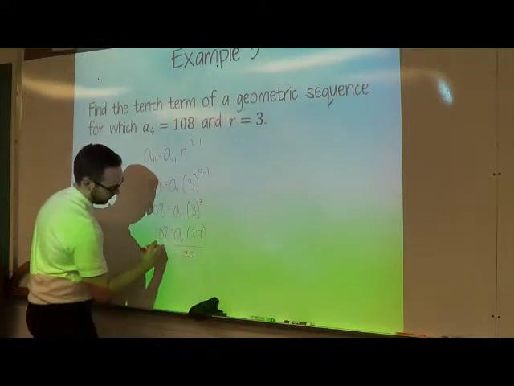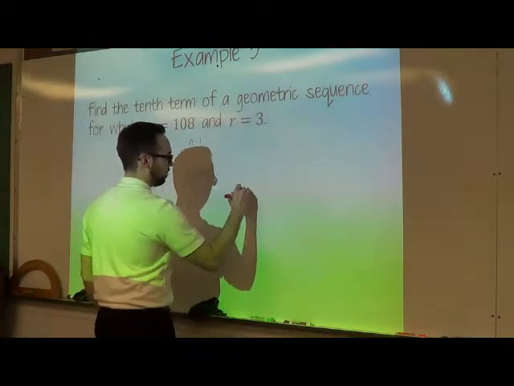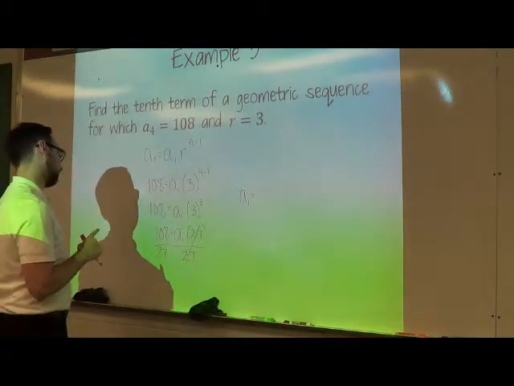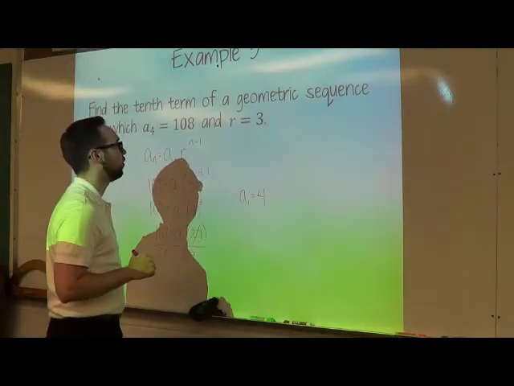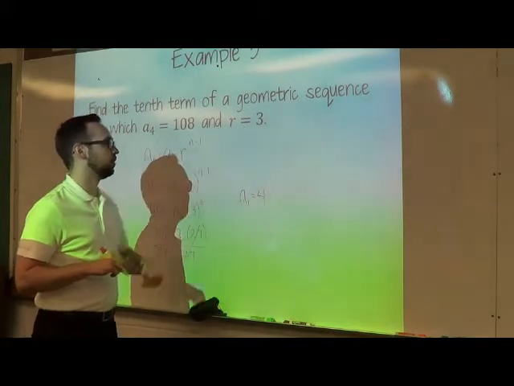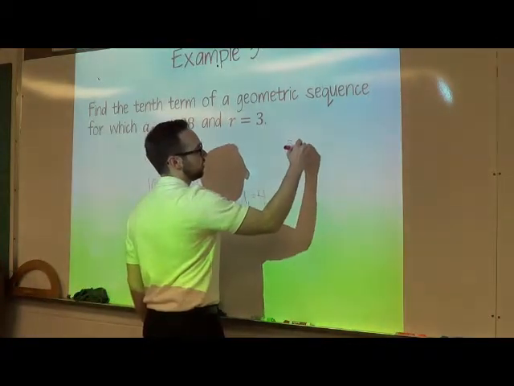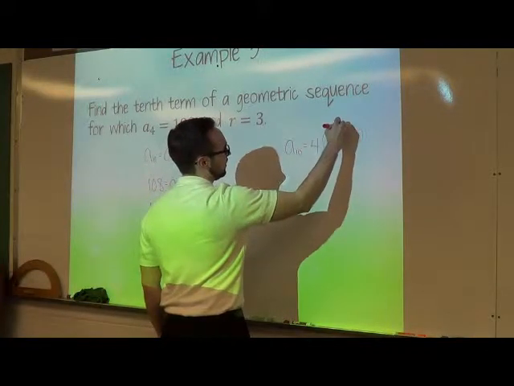So divide by 27, and we end up with a sub 1 equal to 4. So our first term was 4, and then we're multiplying each one by 3. So when I want to find the 10th term, a sub 10 is equal to 4 times 3 to the 9th power.